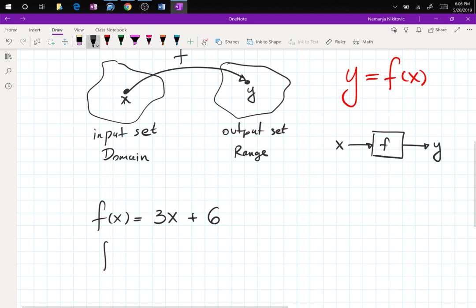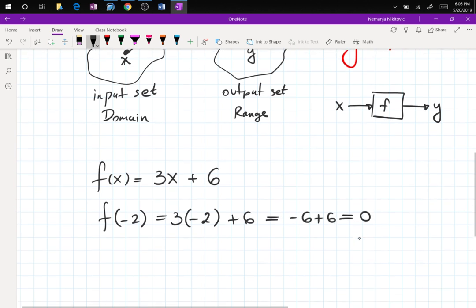So how much is f of negative 2? Well, if I replaced this x with negative 2, you will have to replace this x with negative 2 as well. So 3 times negative 2 plus 6 is negative 6 plus 6 is equal to 0.